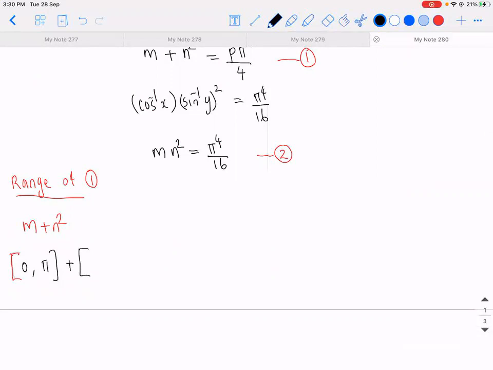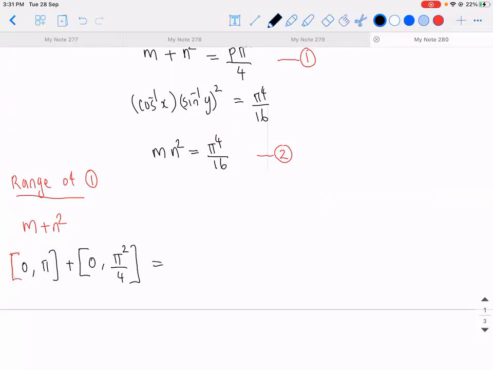But if I'm squaring n, what happens to the range? If I'm squaring pi by 2, it becomes pi square by 4. So whatever be the value between minus pi by 2 to plus pi by 2, if I'm squaring, that value always lies between 0 and pi square over 4.